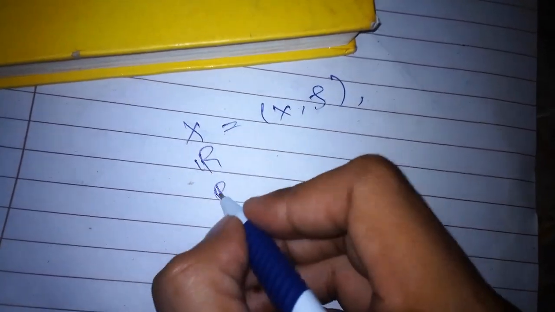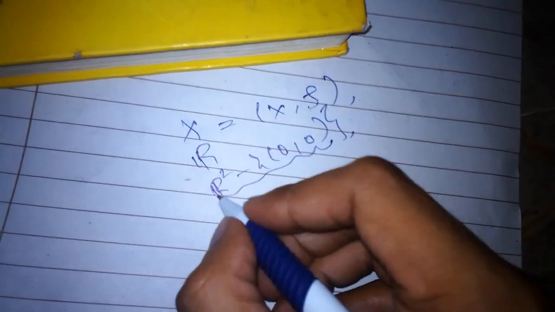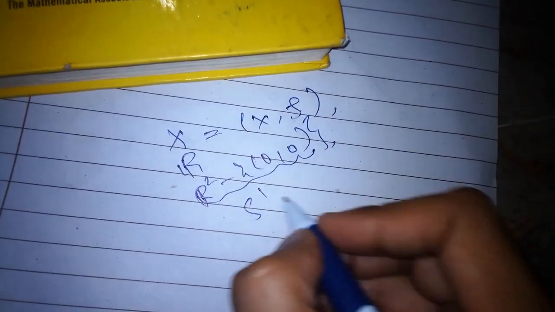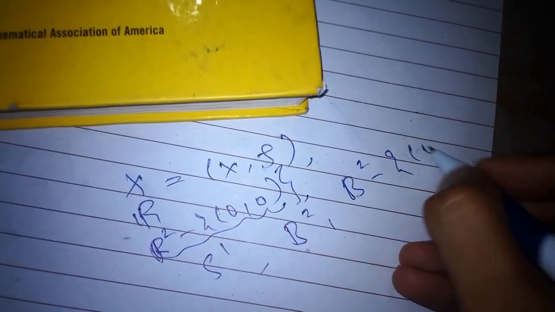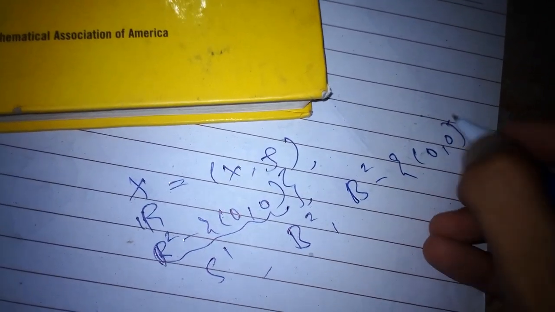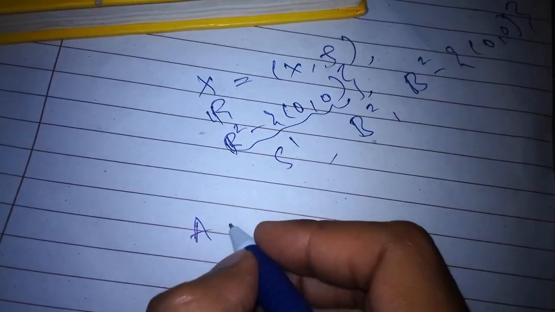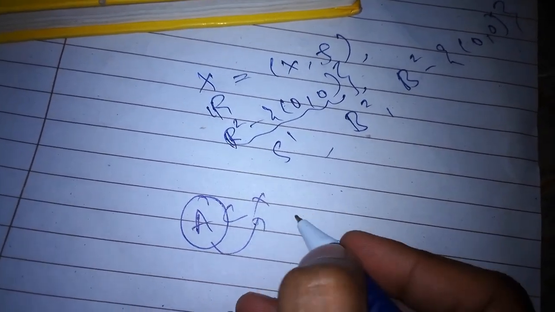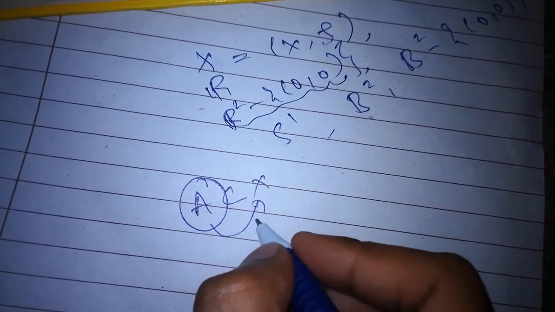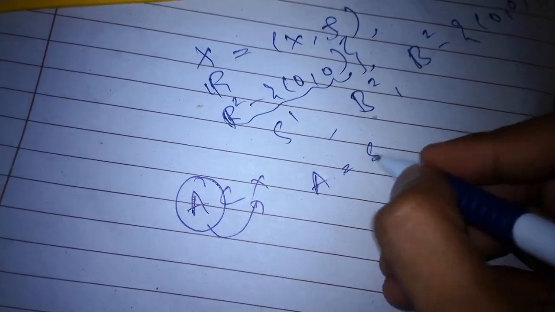Suppose that X is R2 minus (0,0), the punctured plane, or the disk B2, or B2 minus the origin, the punctured disk, and A is a subset of X. Suppose that A is a circle S1.